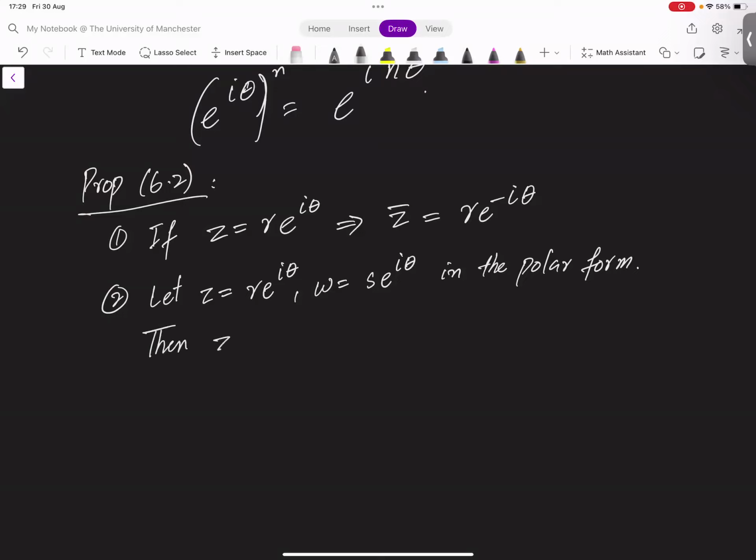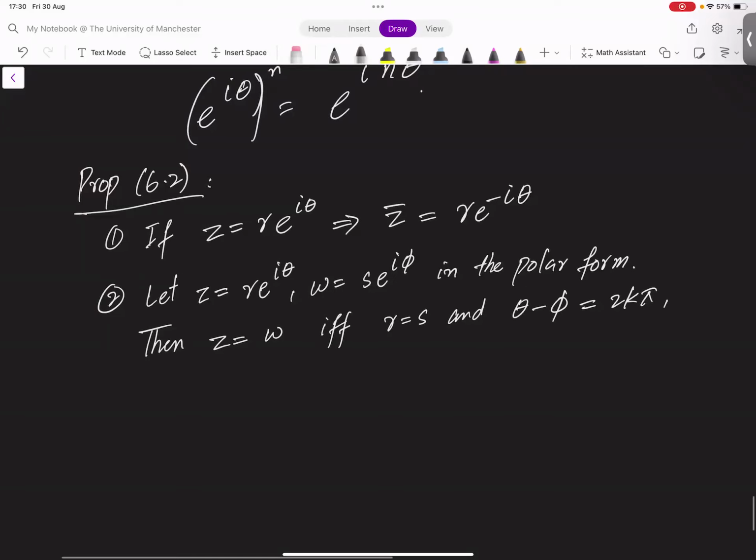Then z is w if and only if r is s and θ minus φ is 2kπ, with k an integer. We can prove this.